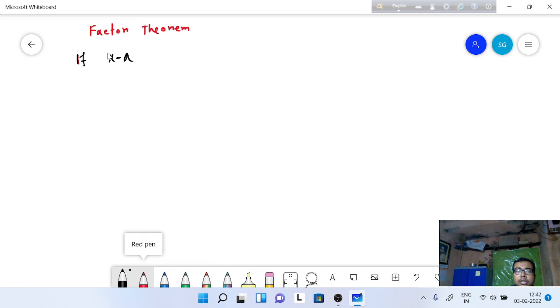If x minus a is a factor of f(x), then f of a equal to 0. Let's simplify this with an example.